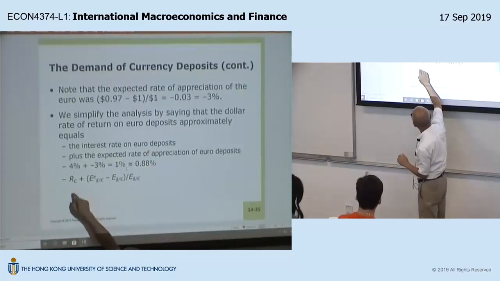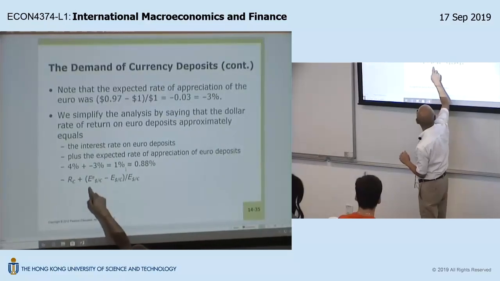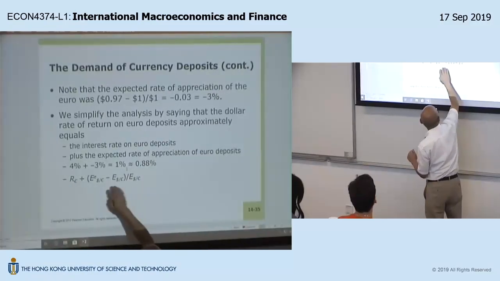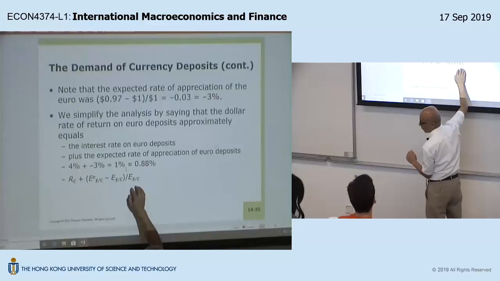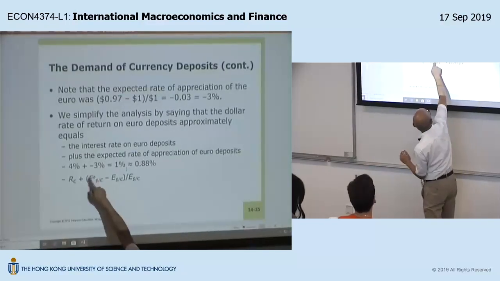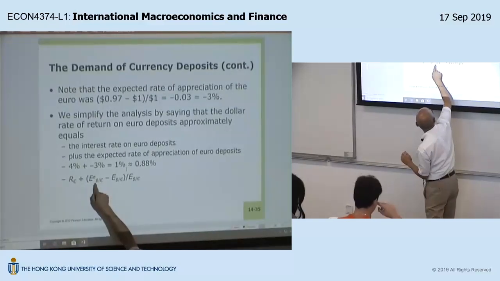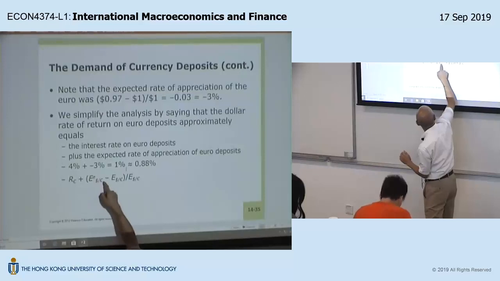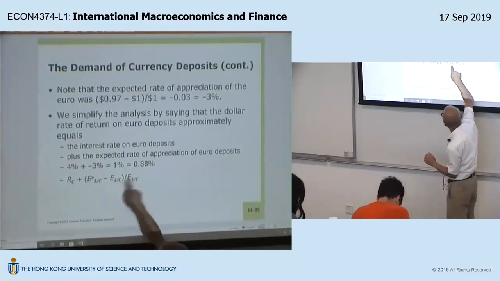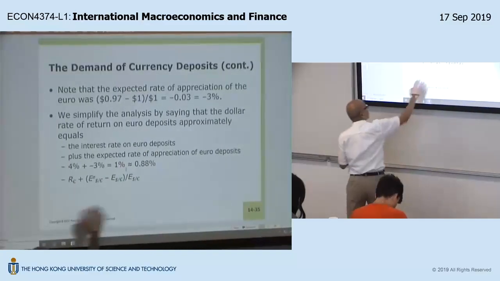The approximation is simply to add the euro interest rate to the expected rate of appreciation of the euro. This expected rate of appreciation of the euro is equal to the expected exchange rate in the next period minus the spot exchange rate, divided by the spot exchange rate. This is called the expected rate of appreciation of the euro.